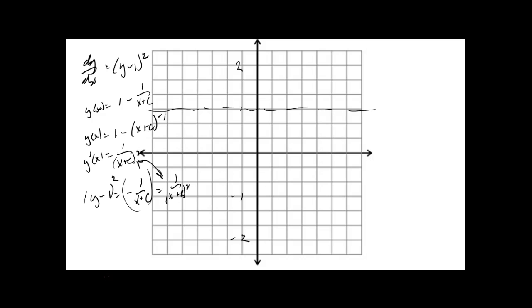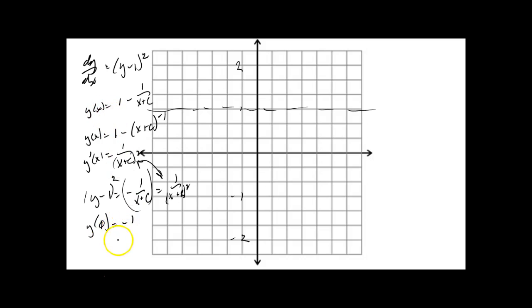Oh, here they go a step further. A given initial condition determines a value for c. For the initial condition, say, y of 0 is equal to minus 1. All right, what does that tell us? Let's plug that in here.